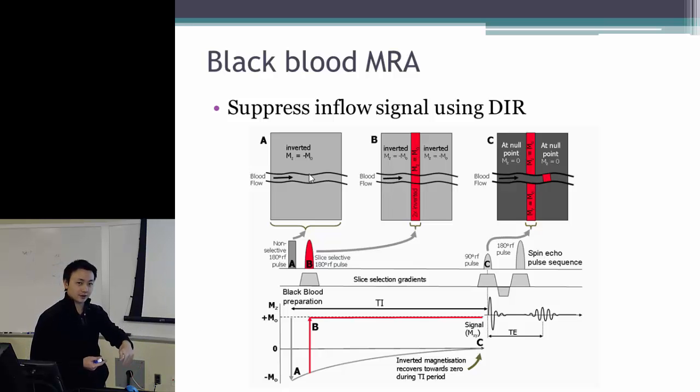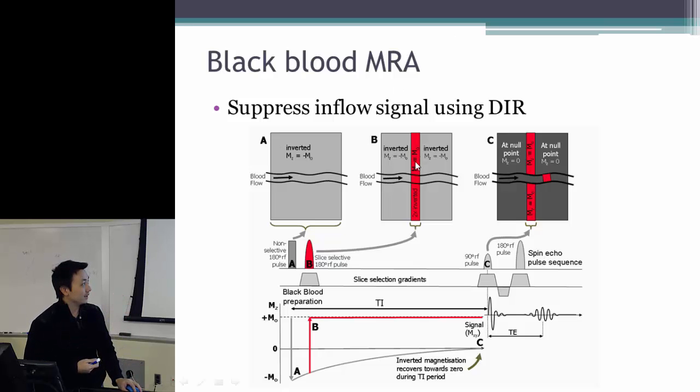It inverts everything to the negative Z axis. Now immediately we apply a slice selective inversion recovery pulse. The function of this is to selectively revert those inverted spins back to their equilibrium position.